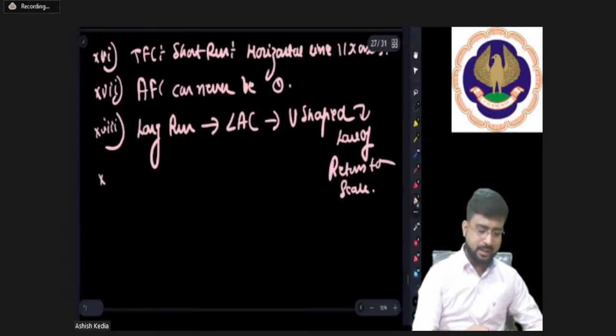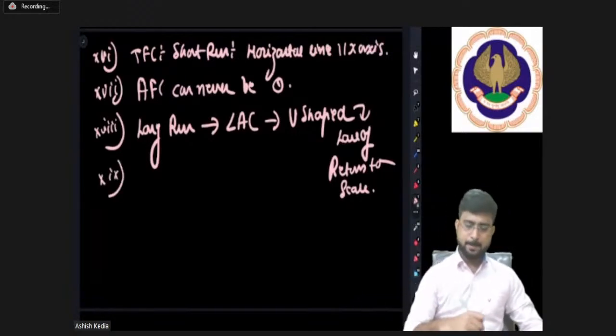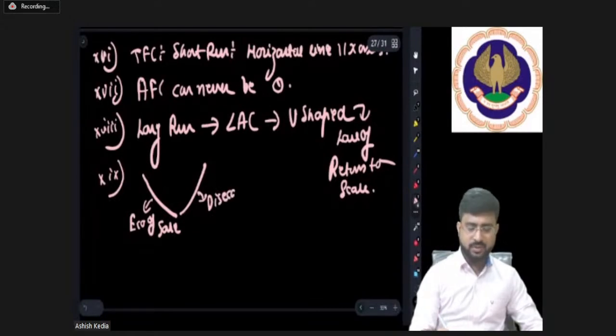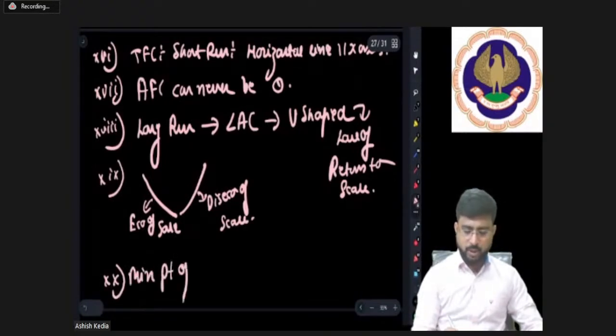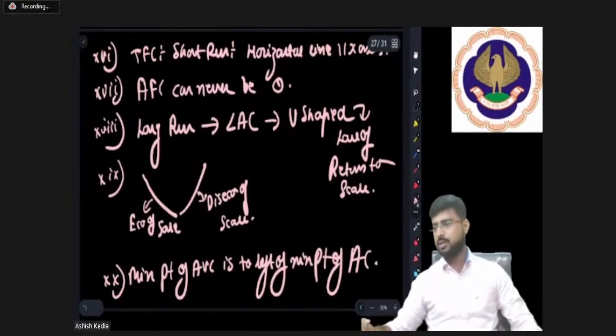Point number 19: the lower part of the LAC curve is due to economies of scale. The upper part is due to diseconomies of scale. And finally, number 20: the minimum point of AVC is to the left of the minimum point of AC.